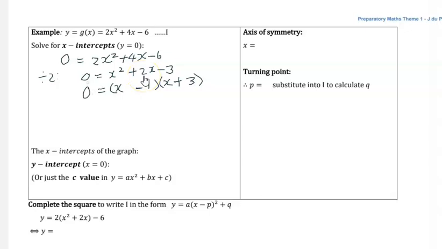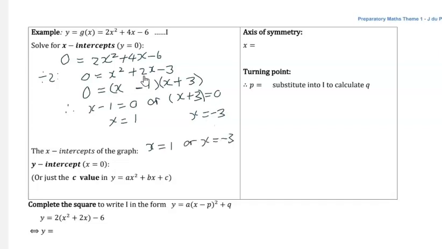This is equal to 0, so therefore x minus 1 is equal to 0, or x plus 3 is equal to 0. So x is equal to 1, or x is equal to minus 3. So my x-intercepts are x equal to 1 or x equal to minus 3.